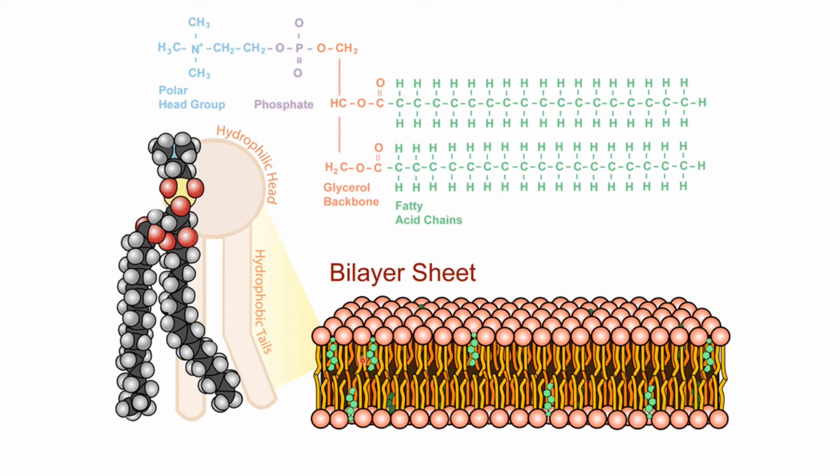So instead of having one side that faces water and this side facing water, because the inside of the cell is also going to have a lot of water, the tails point towards each other, and we have this bilayer. So you have two layers. You have the phosphate heads, you have the fatty acid tails, you have the fatty acid tails, and the phosphate heads. So it arranges like this in order to avoid being exposed to water.